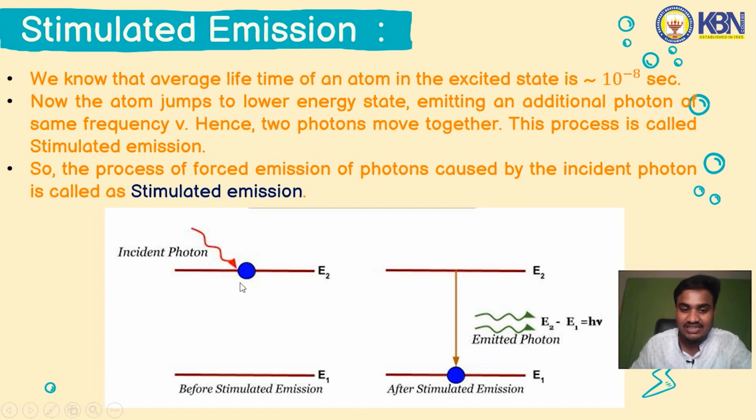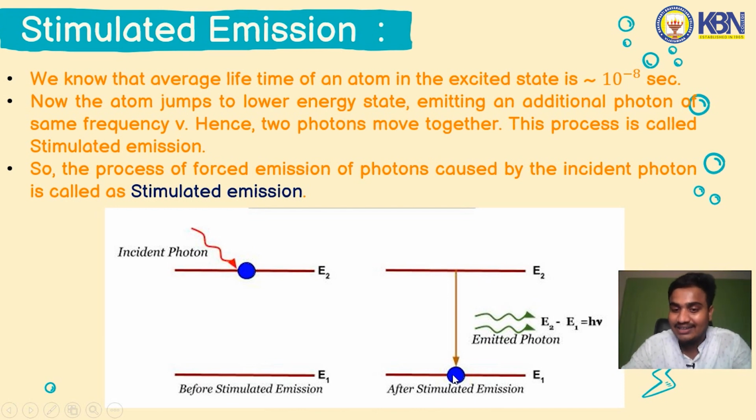Here you can see in the before stimulated emission diagram, the atom is present in the excited state and another photon is hitting it. Another photon, or another external field or external light, falls on this atom, which is responsible for the atom coming back to the ground state.